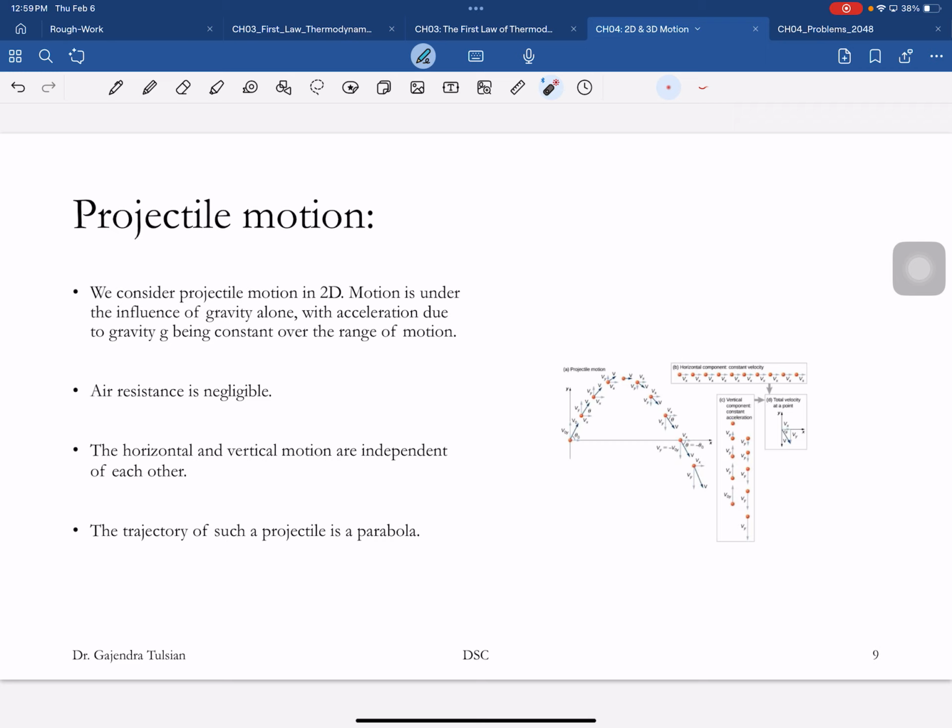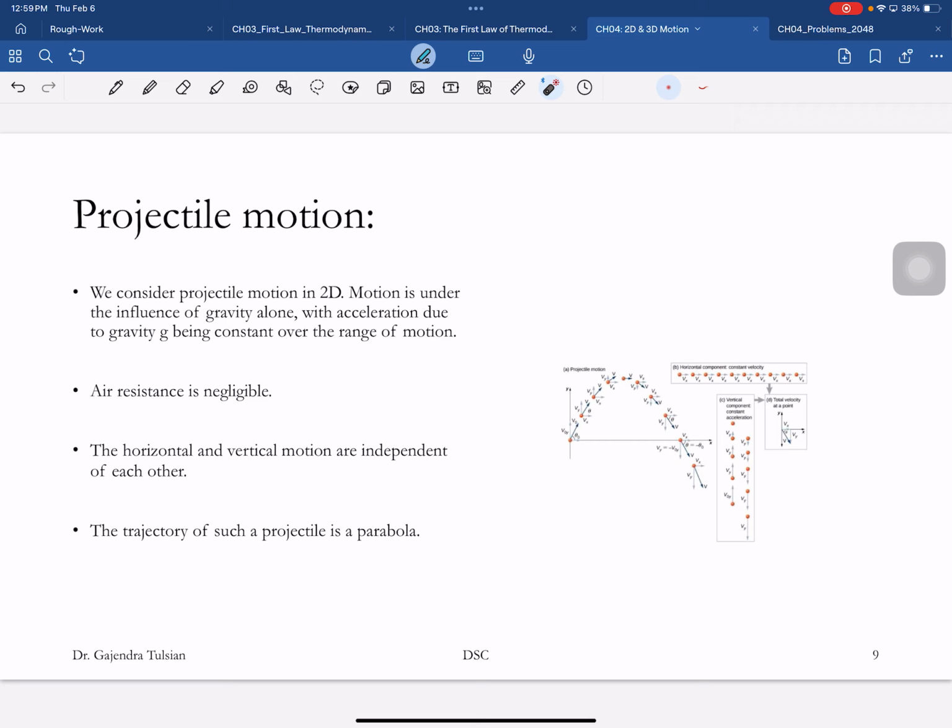Gravity would change a little, and if I want to throw it 100 kilometers up, I'd have to throw it fairly fast, and then air resistance won't be negligible. Okay, that wouldn't be a projectile motion. Is this a projectile motion? No. Okay. So now you've seen examples of projectile motion and motion that is not projectile.